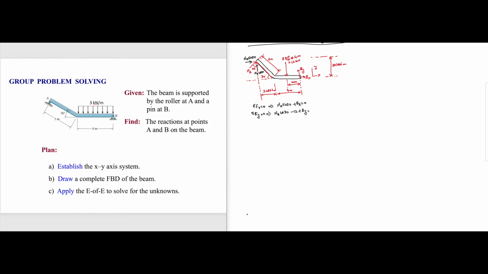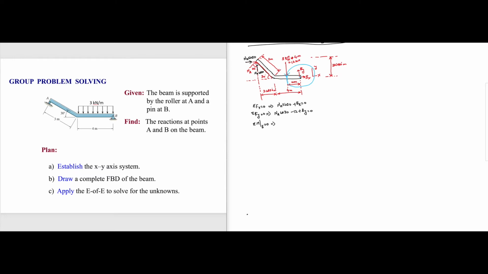Tell me sum of all the moments with respect to B equal to 0. So let's start with 12. 12 is 2 meters away from B, and it is going counterclockwise, right? We have to follow the arrow.